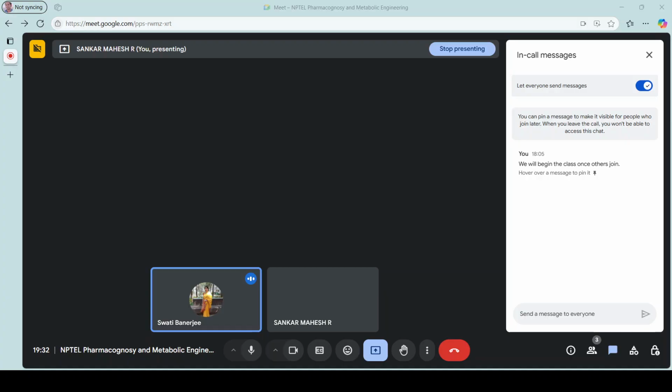From artemisinic acid, again it gets reduced to dihydroartemisinic acid. Then this step happens to give you an oxygen in the ring region, which gives you artemisinin, and requires singlet oxygen or superoxide radicals.